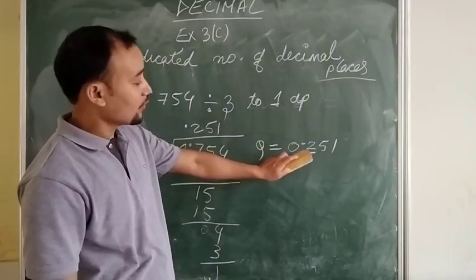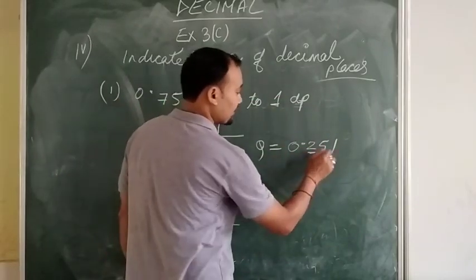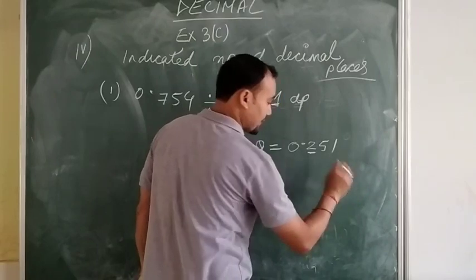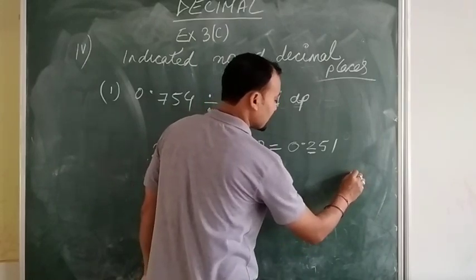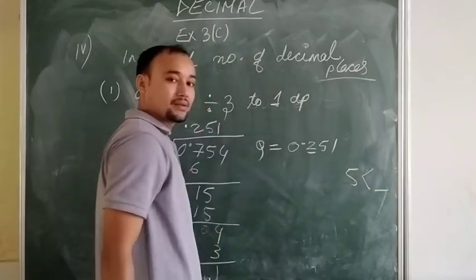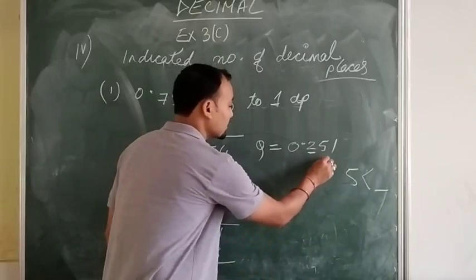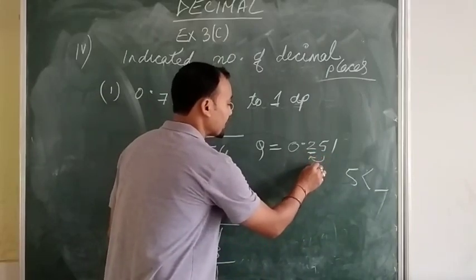For this, we have to check the following number. If the following number is 5 or greater than 5, then 1 is added to this number.